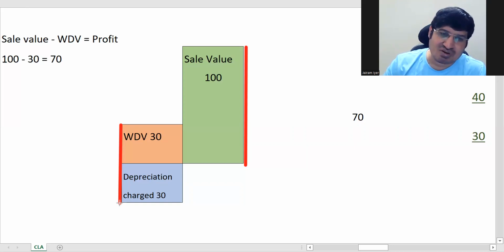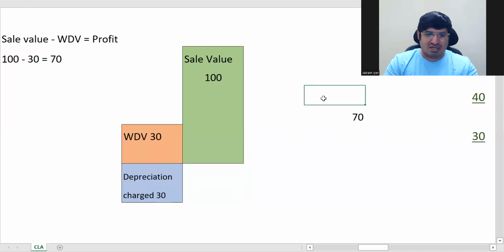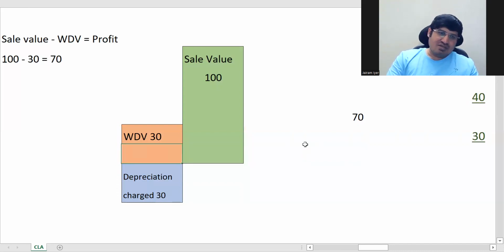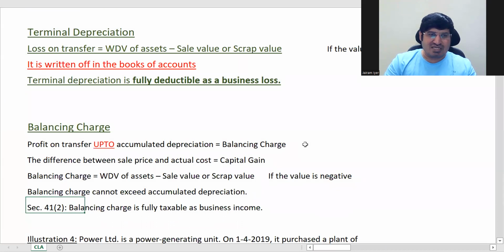Sale value minus the entire actual cost. So here you can see 100 minus 60, which is equal to 40. Understood?